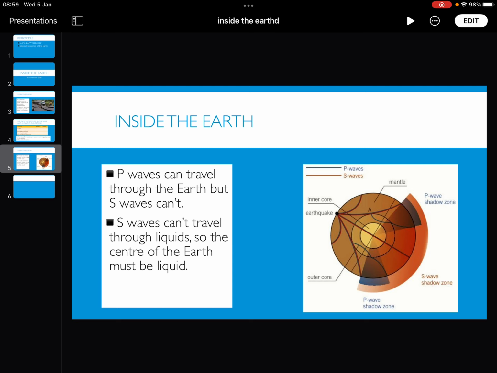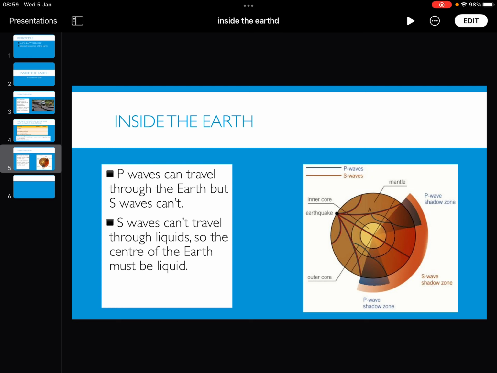Now cast your mind back to P5. Refraction means the changing of direction of a wave when it enters a new medium. And if you have a little look at that diagram, can you see those P waves actually bend? As a result of that refraction, that changing in direction, there is an area where you don't pick up any P waves because they just don't bend that way.